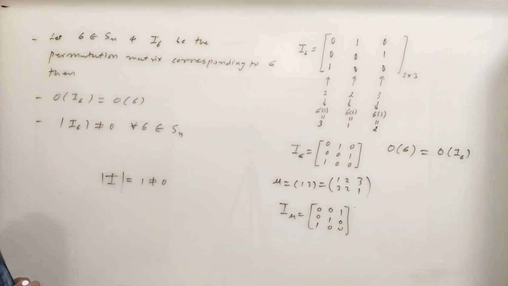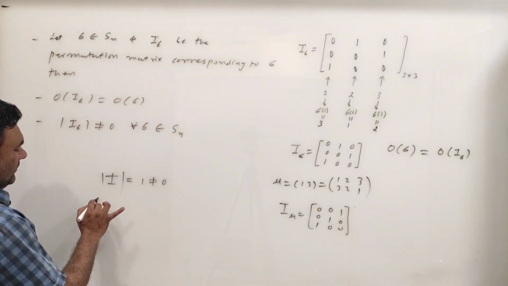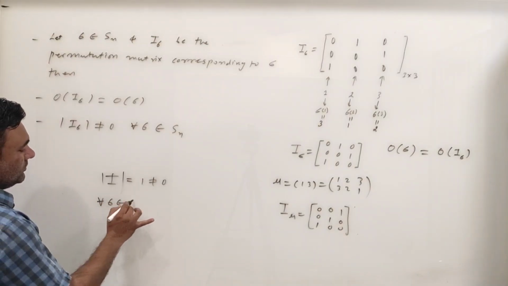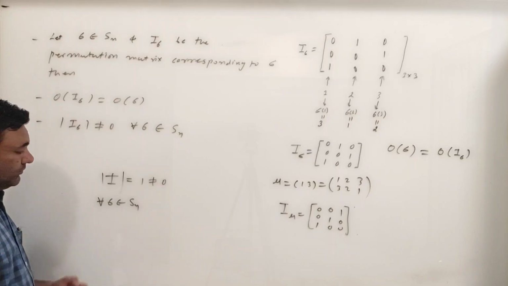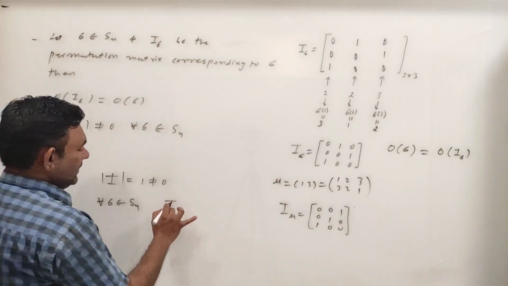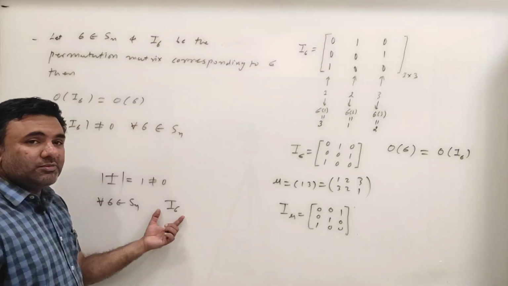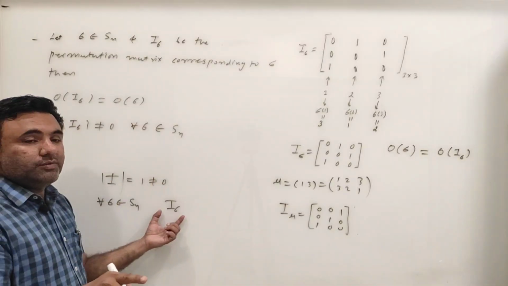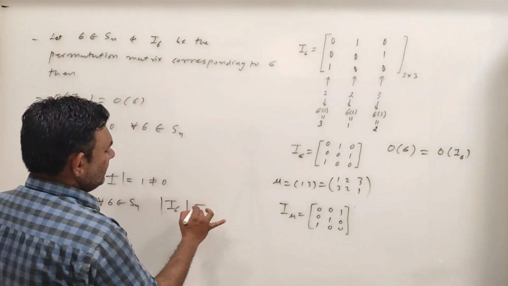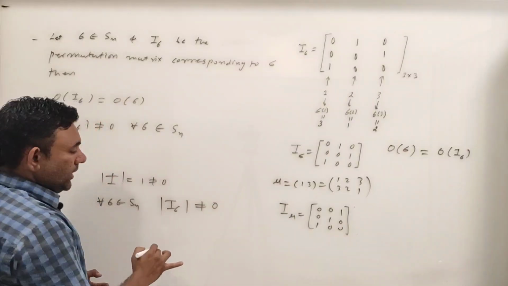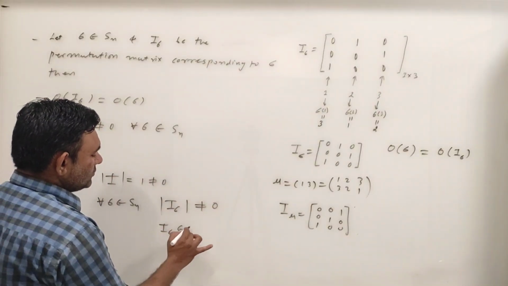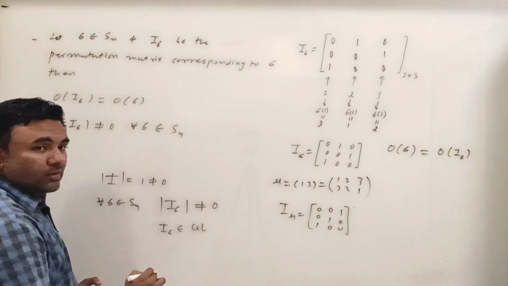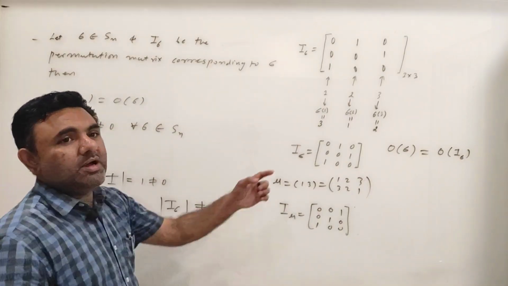So what we have here is that for all sigma belonging to Sn, the determinant of I sigma will be either 1 or -1. So the determinant of I sigma is not 0, and as a result I sigma belongs to GL. Suppose I am working with n by n matrices.